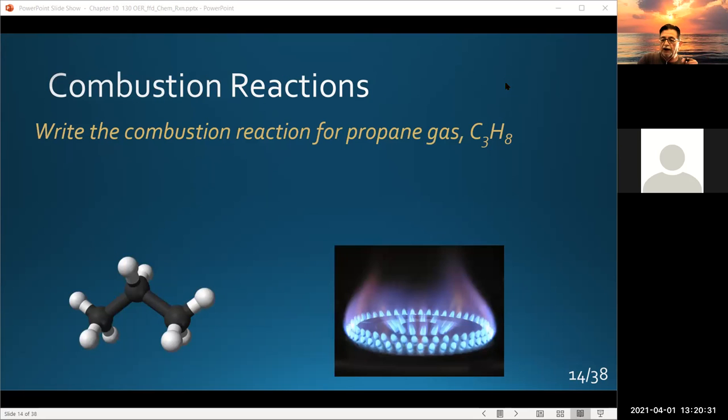Combustion reaction. We have this particular compound, C3H8, sitting right here. This, by the way, if you're going to do some barbecuing this weekend and using gas, that is the formula for propane, good old-fashioned propane.